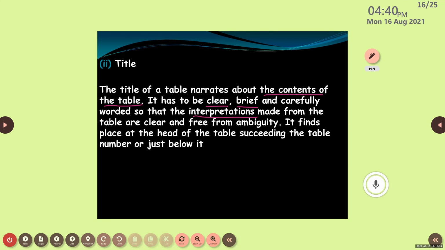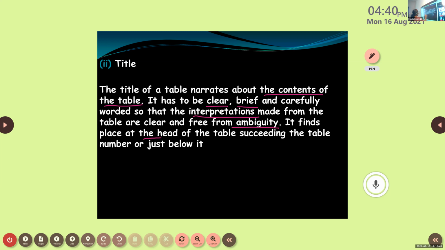It should be clear and not ambiguous. Ambiguous means not clear; by seeing it we should understand. It should be free from ambiguity. Where can we see the title?